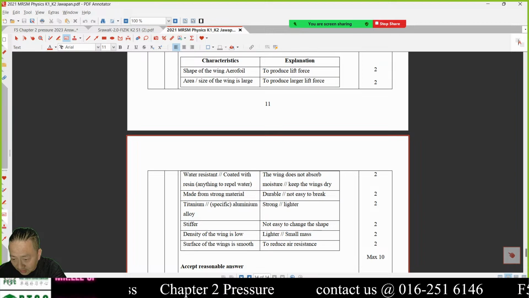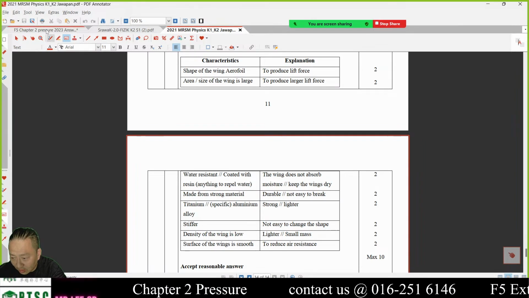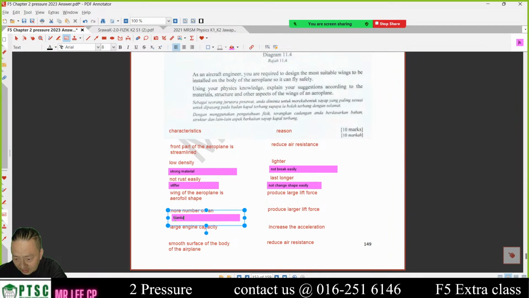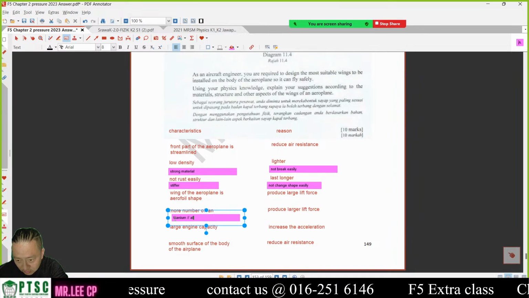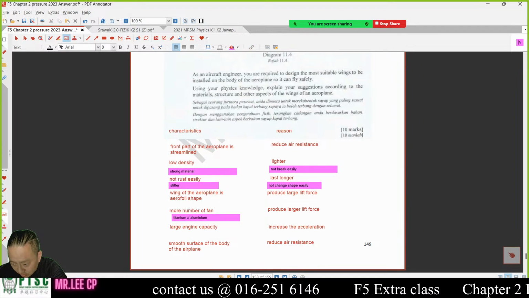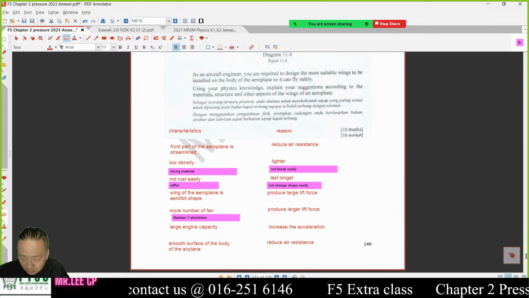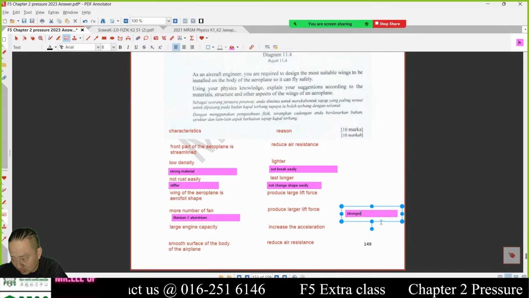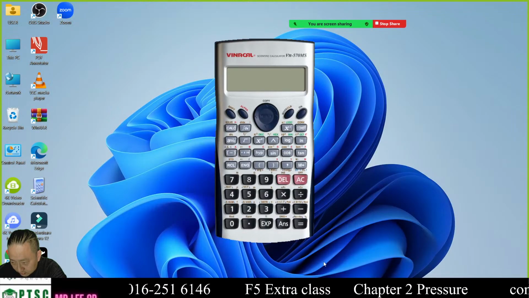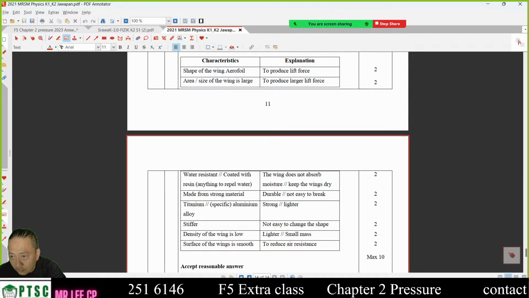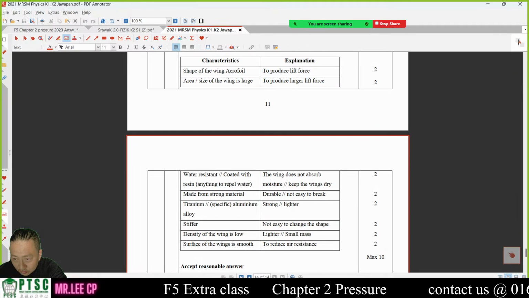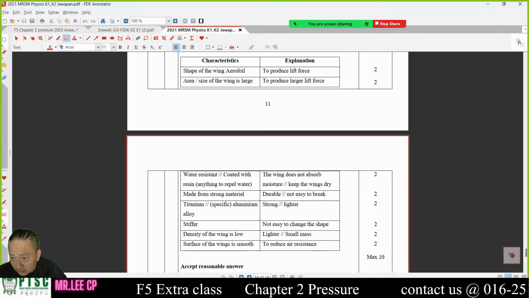Stiffer, titanium or aluminum. Why? Stronger. Okay, what else? Stiffer already. Density of the wing is low. Okay, I got it. Shape already.